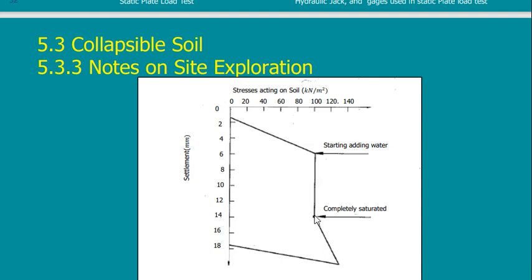Then, once the settlement stops, I start to add additional stresses, more load. You will find that when you add more load, you will have additional settlement. But if you look at this slope and this slope, you will find that they are different. Why?